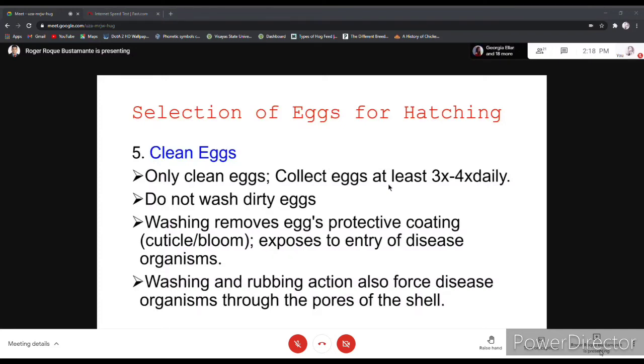Once this protective coating is removed, it exposes the egg to the entry of disease organisms. So high risk of contamination. That protective coating is termed as cuticle or bloom.